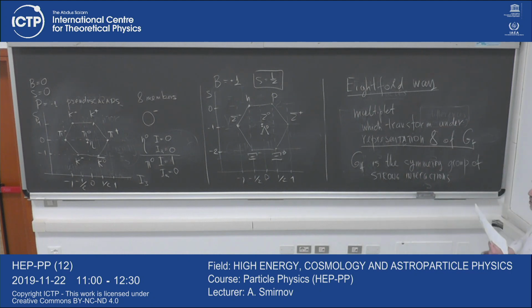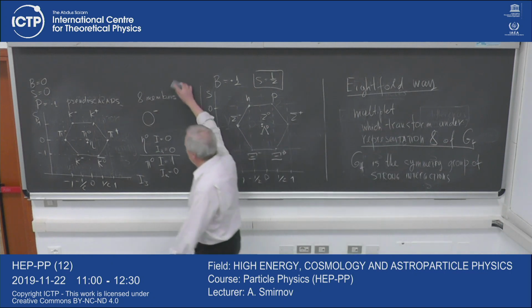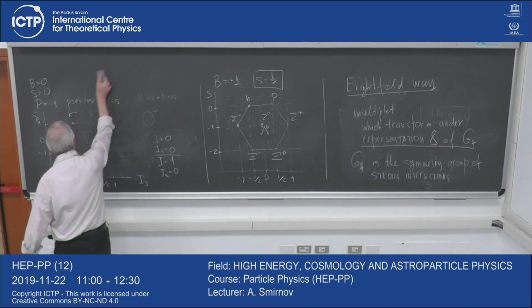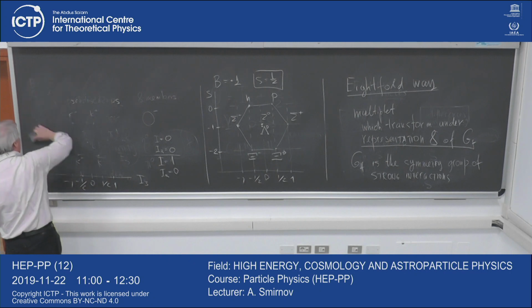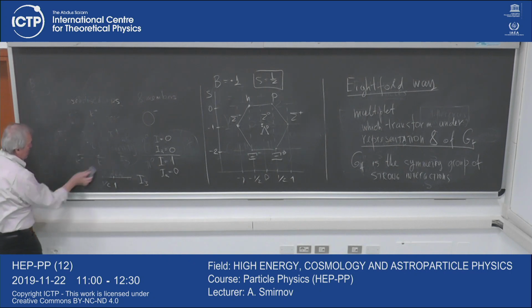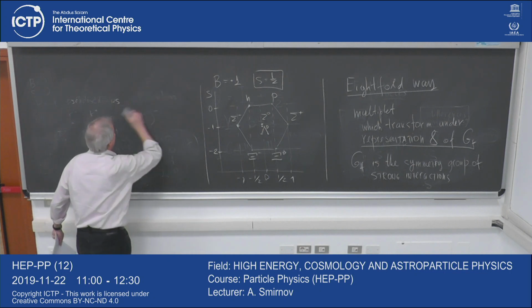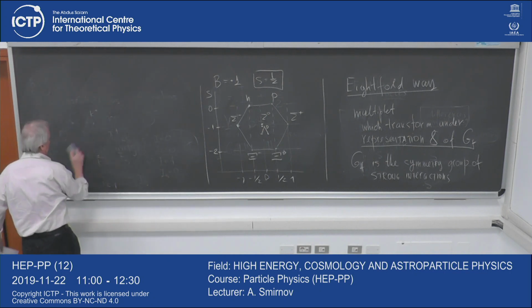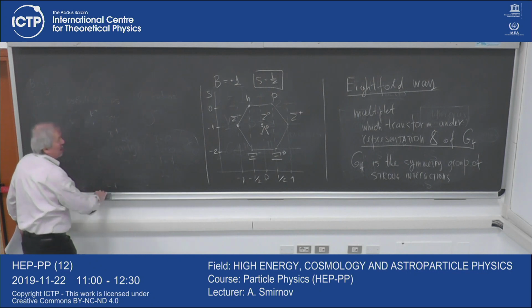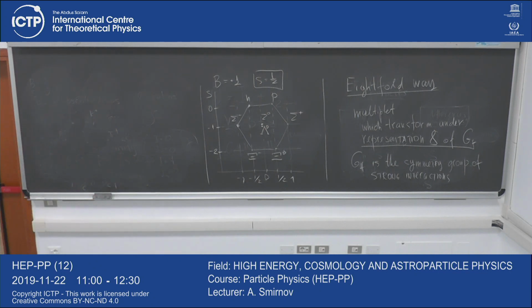And here I can repeat the same story as we had with isospin. So in the same sense as SU(2) isospin is the symmetry of strong interactions, here there is a bigger group, or some new group, G_F, which is the symmetry of strong interactions.